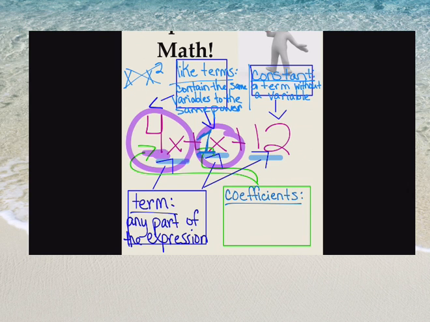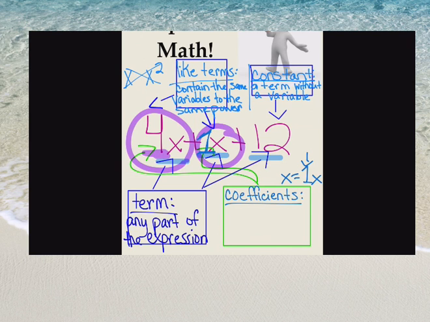So once again, if you just have the variable x, the coefficient is 1. So be careful of that. There's always a coefficient there, even if it isn't written. That's when you can assume that it is 1.